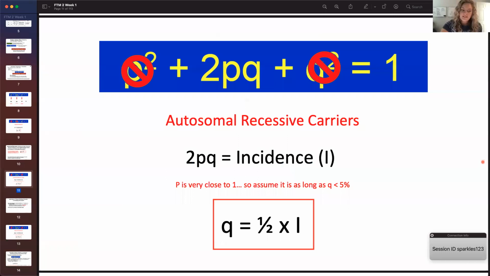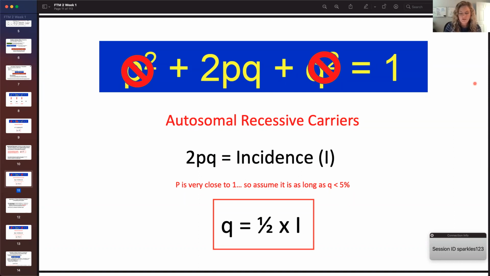If you're given the incidence and you're looking for the carriers, you've got to remember that you're going to have more carriers than you are going to have affected people. So you're going to take your incidence and it's going to be twice that, because if someone's affected, they have 2 copies of the disease causing allele. If somebody is not affected, they're carrying the allele. That's why they say there are a lot of autosomal recessive carriers out there that don't even know it, because they're not going to show symptoms.